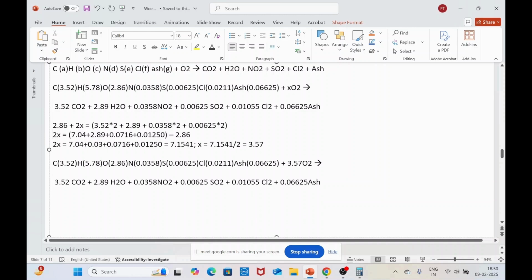Let me take all this calculation to one place. So 3.57 moles of oxygen is as per the stoichiometry.